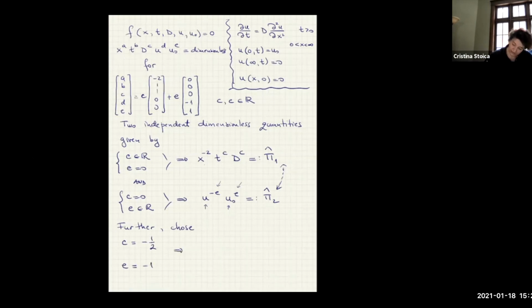In this case, we end up with pi 1 being X over, with the minus 2C there, root of dt. And guys, stop me if you don't follow the algebra or see that I'm making a mistake, or my rambling. So this is U over U naught.